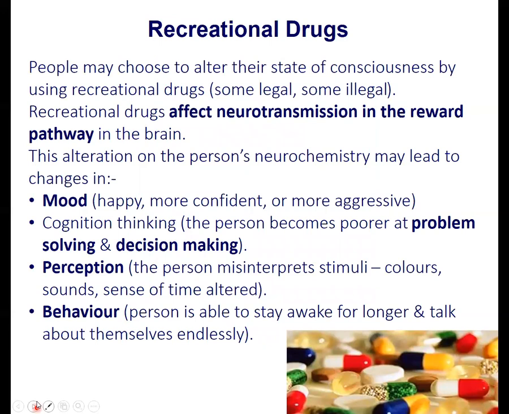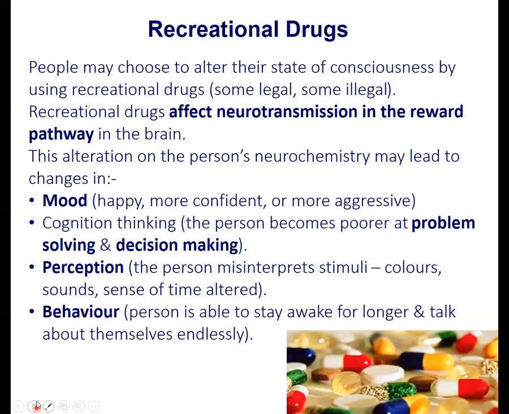The final bit that we're going to look at is recreational drugs. There's obviously legal and illegal drugs. I'm needing my caffeine just now, but there's other drugs that are legal that people take, cigarettes, alcohol, and then obviously there's a lot of illegal drugs that are available.